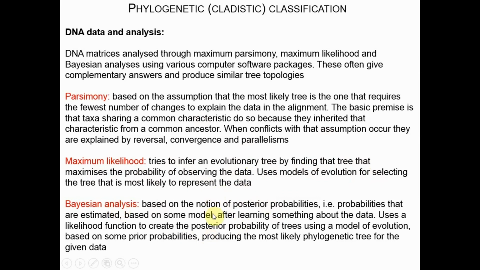And Bayesian analysis is based on posterior probabilities. So probabilities are estimated based on, again, a model of evolution. And these probabilities are higher for taxa that share certain characteristics, and they would then be placed together within the tree with high probability values.